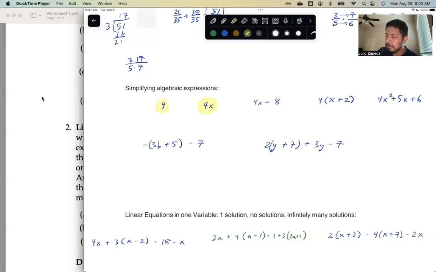And then we can get more complicated expressions, 4x plus 8. This expression, 4x plus 8, has 2 terms, right? We would call these terms, 1 term, 2 terms. And there's only 1 term in 4x because they are being multiplied together. Increasing just the complexity a little bit. 4(x plus 2) is another expression.